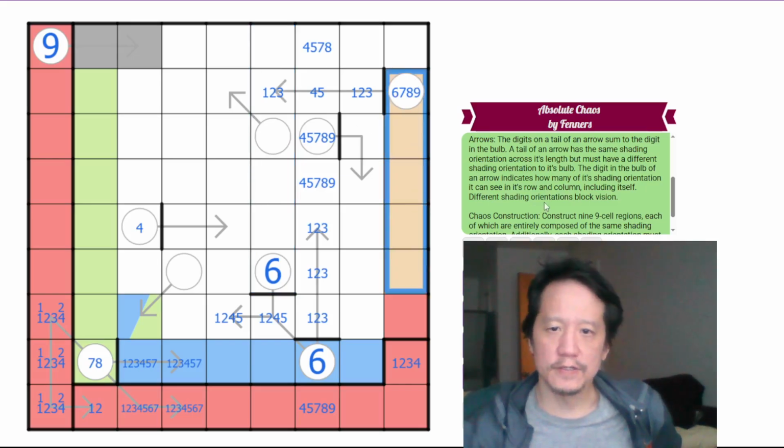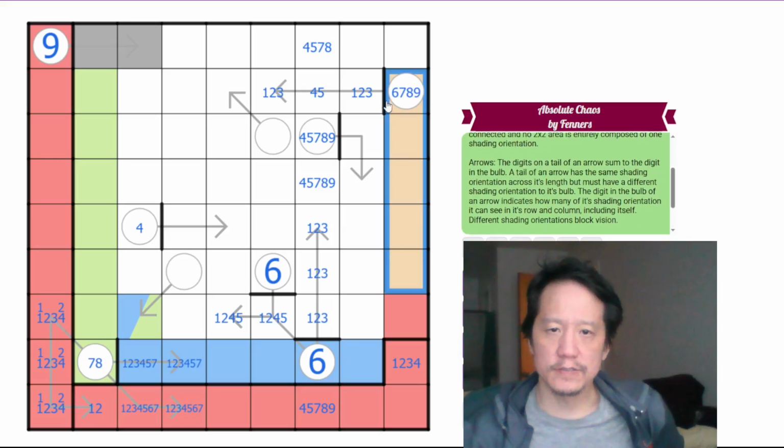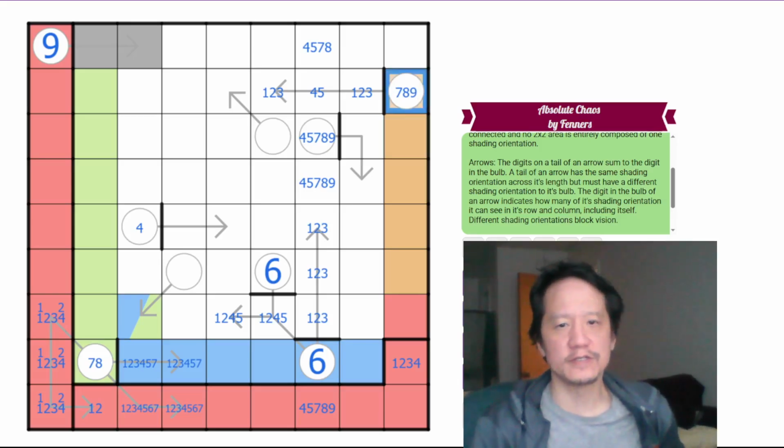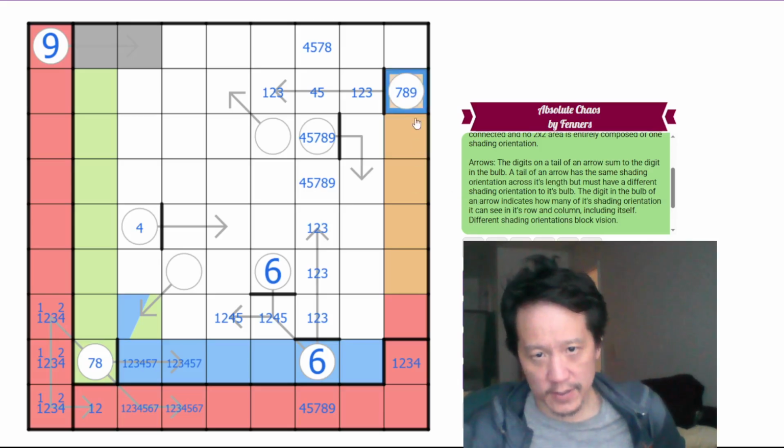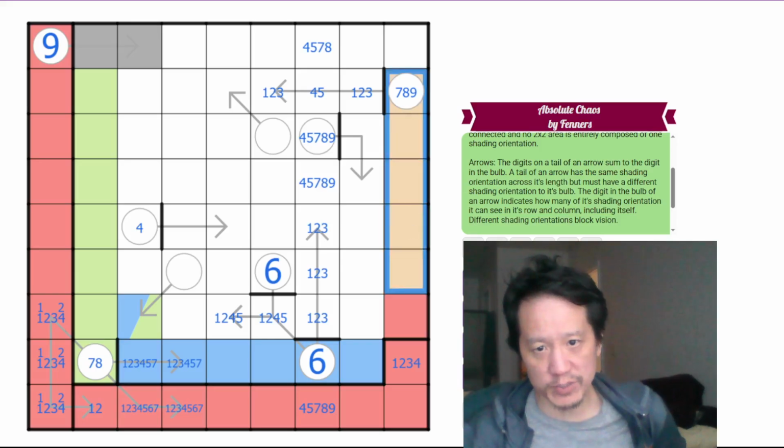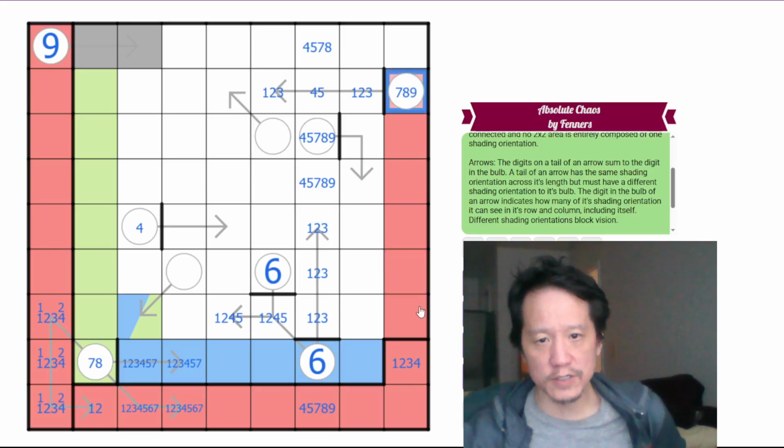This sees 6 at least. Oh, wait, no, it's 4 and 1, 2 at least. So this can't be 6. This has to be 7, which means it includes this one, which means this is all red. So this would see 8 or 9.